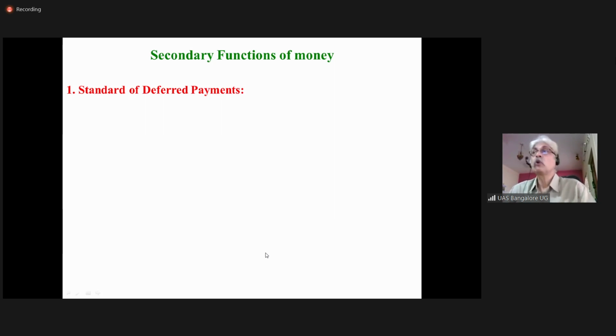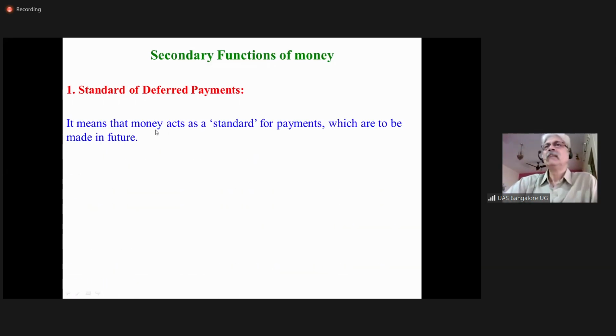Defer means postpone. Instead of today, you make the payment tomorrow. So money also helps in deferred payments, postponed payments. It means that money acts as a standard for payments which are to be made in the future, not today, but in the future.